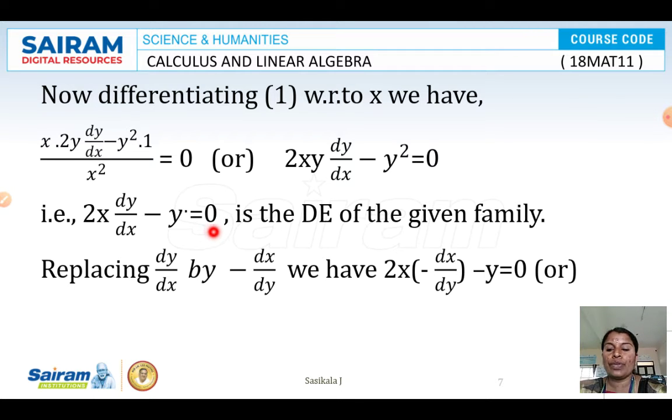Now, second step, we replace dy by dx by minus dx by dy. So we get 2x into minus dx by dy, minus y equal to 0. Simplifying, multiplying completely by a minus, we have 2x dx by dy plus y equal to 0.